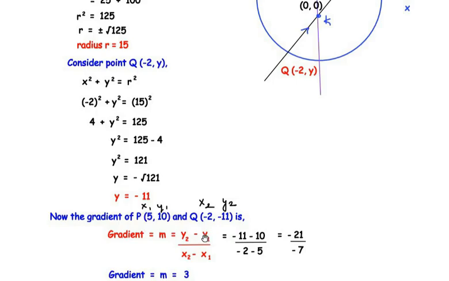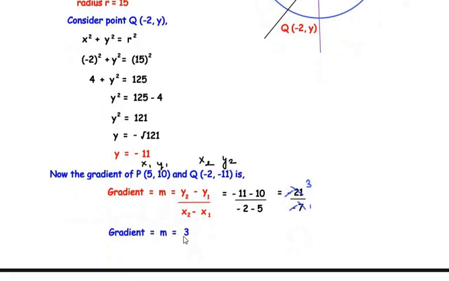So y2 minus y1 becomes -11 minus 10 over x2 minus x1 becomes -2 minus 5. Now -11 and -10 will add up together to give us -21 over -2 and -5 gives us -7. Now we can cancel the minus signs from both the numerator and denominator. So 21 goes in the table of 7, that is 7 1 times is 7 and 7 3 times is 21. So here we got the gradient of the line L as 3.